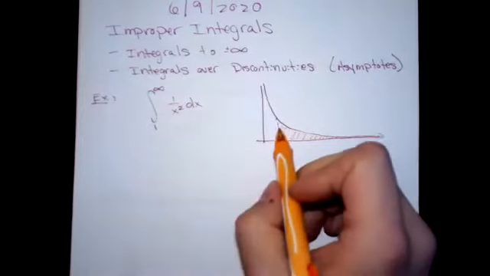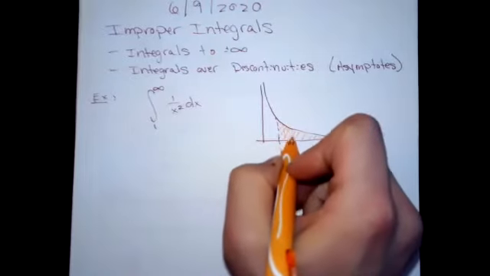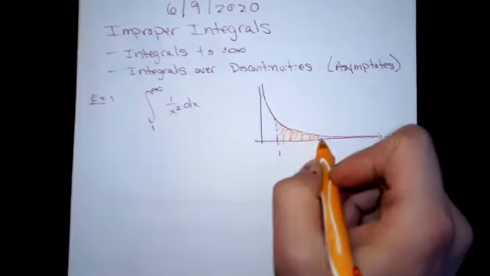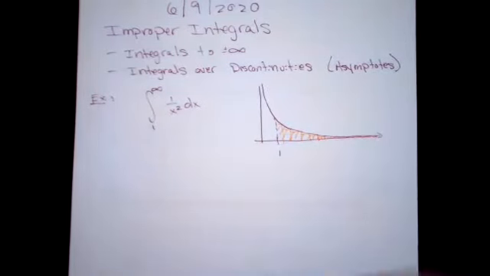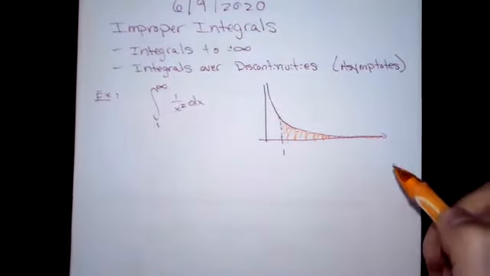You can think about that in terms of a Riemann sum for this guy, right? If I break this down into boxes, the height of the boxes is decreasing. And the idea is, if it's decreasing fast enough, we actually get a finite value.